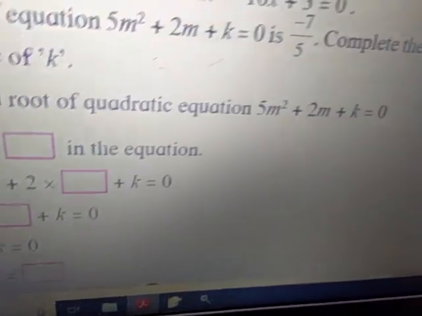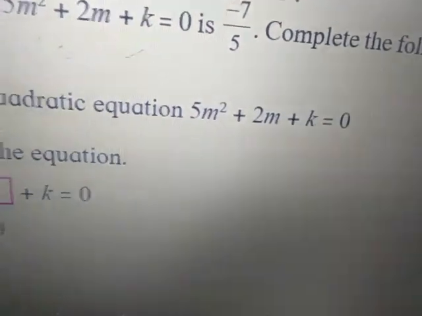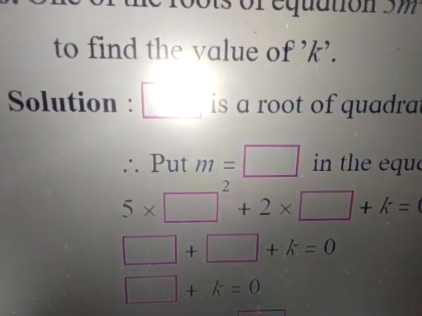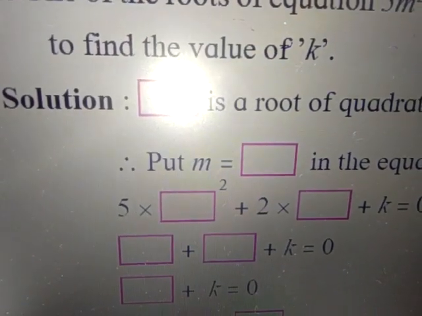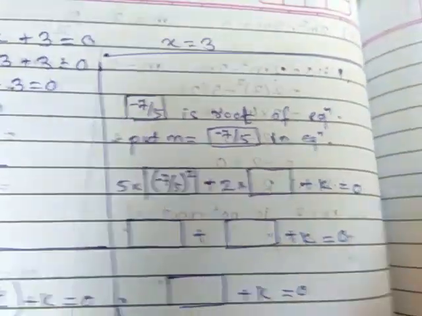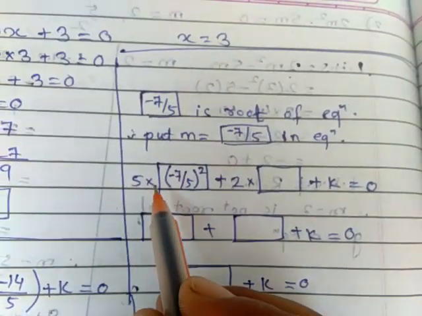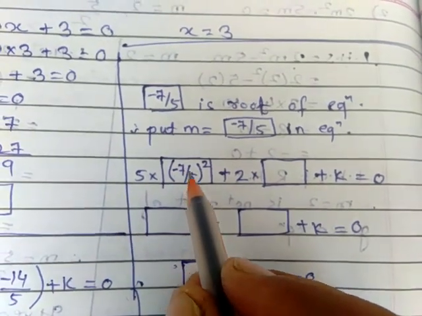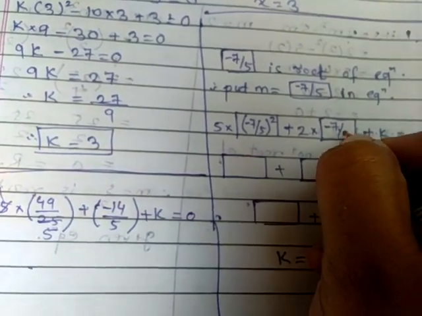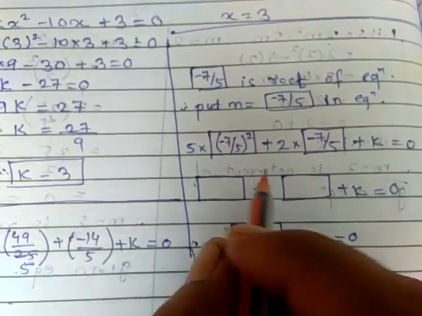So the solution: dash is the root of the quadratic equation 5m square plus 2m plus k equals 0. So in this box we will write minus 7 upon 5. Put m equals, again we write minus 7 upon 5. So in the equation, 5 into m square, that means minus 7 upon 5 square, plus 2 into m, that means minus 7 upon 5, plus k equals 0.